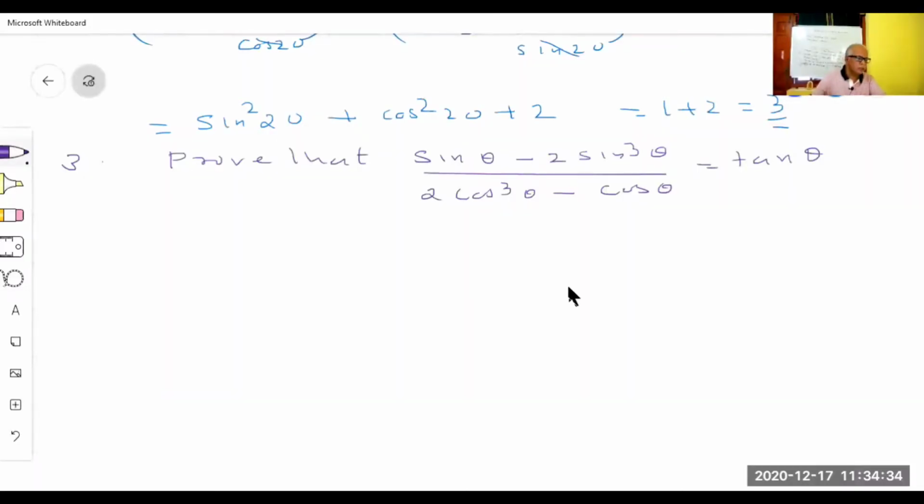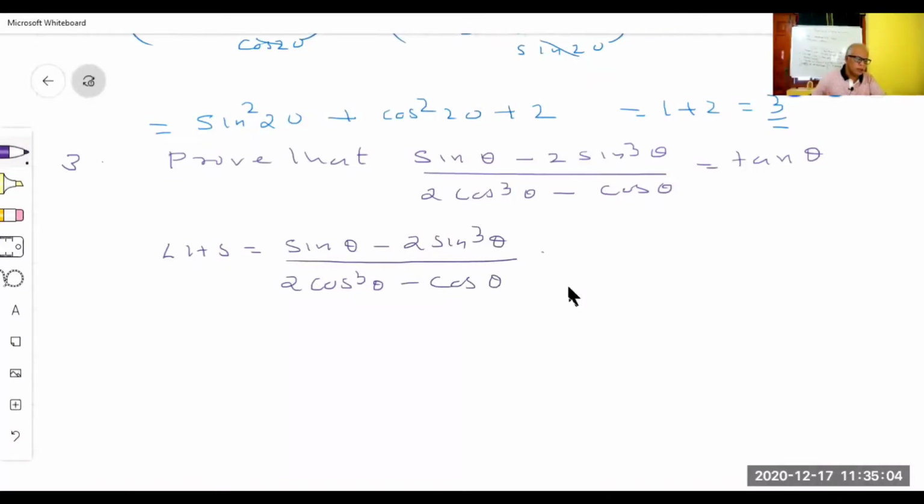So we shall do the third problem now. Prove that (sin theta minus 2 sin cube theta) divided by (2 cos cube theta minus cos theta) is equal to tan theta. It's an identity. Now LHS. What will you get? LHS is equal to sin theta minus 2 sin cube theta upon 2 cos cube theta minus cos theta.